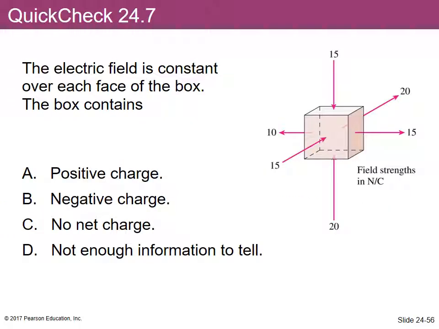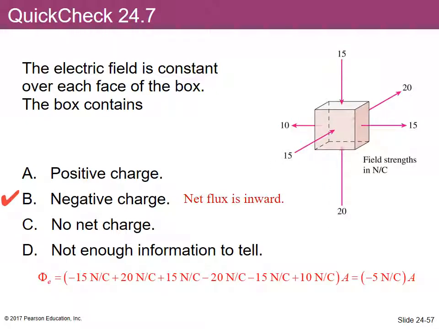The electric field is constant over each face of the box. The box contains... The answer is B. The areas are the same for each face.